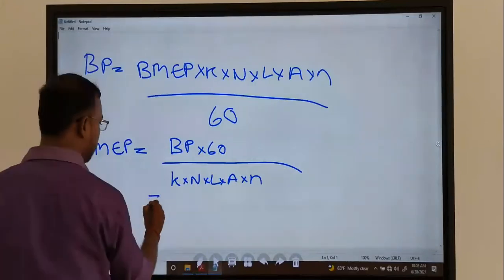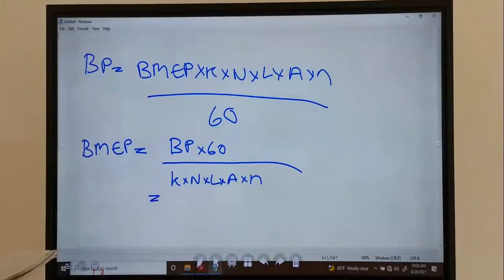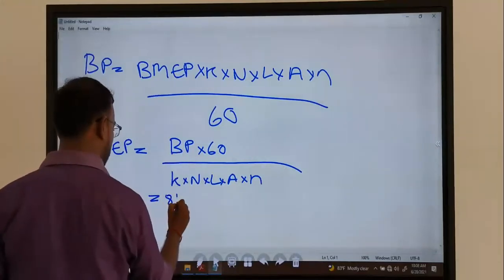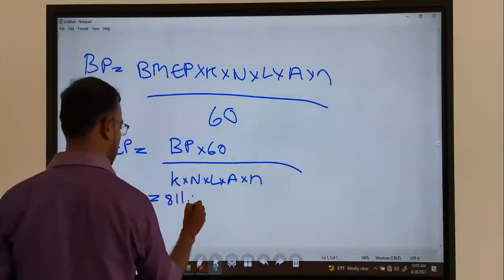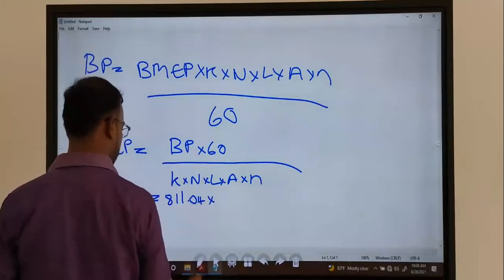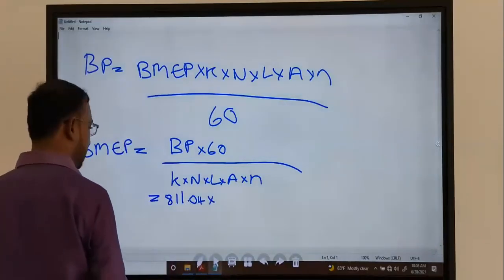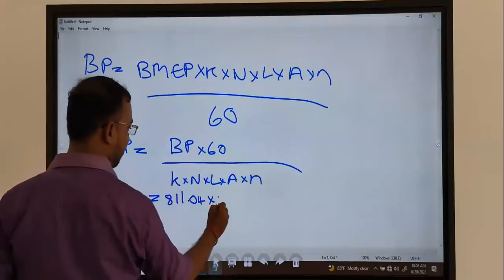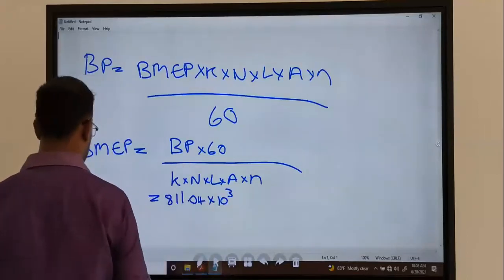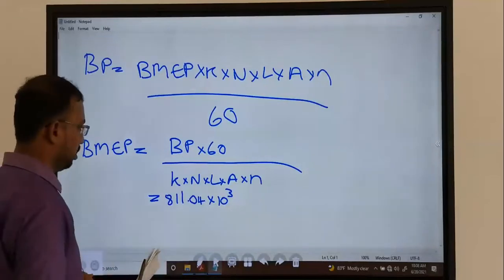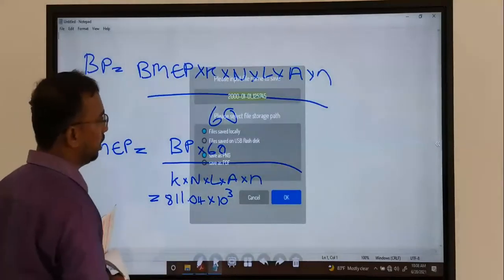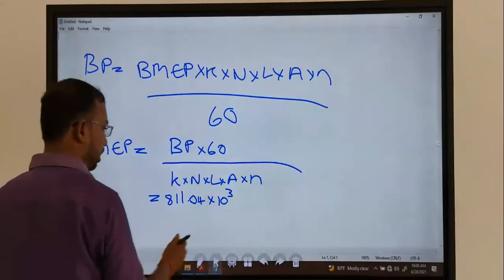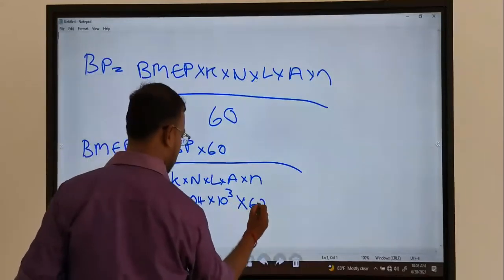Now we substitute these values. This is the brake power, 811.64, but here we used kilowatt, so I changed it to watt by multiplying by 10 cube, into 60.